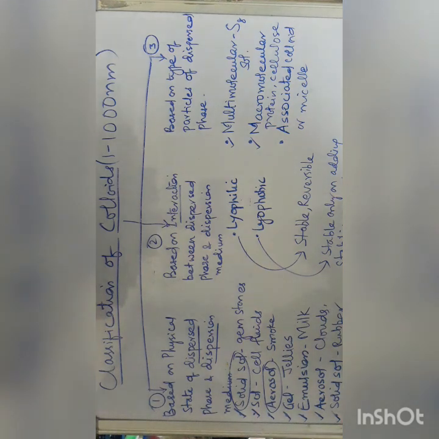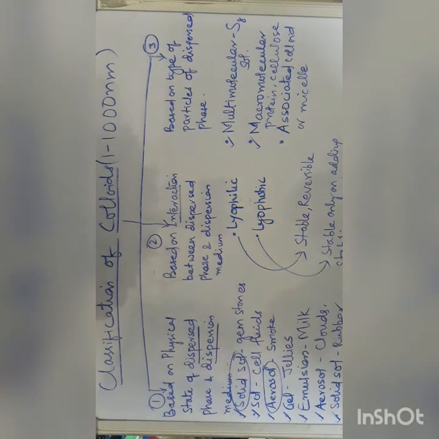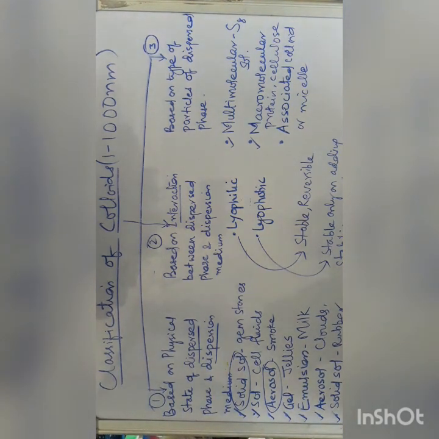Why? Due to association or aggregation of particles of the colloid. So initially when the solution is dilute, they behave as normal strong electrolytes, means they will be conducting, and it will behave as a true solution rather than a colloid. But at higher concentration it becomes a colloid due to aggregation of particles of the dispersed phase.